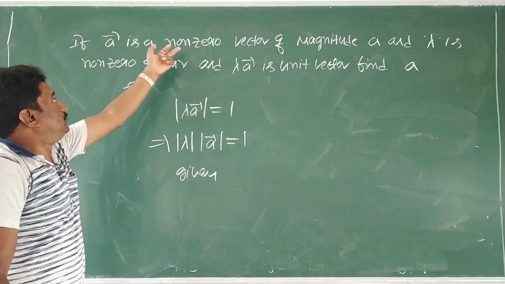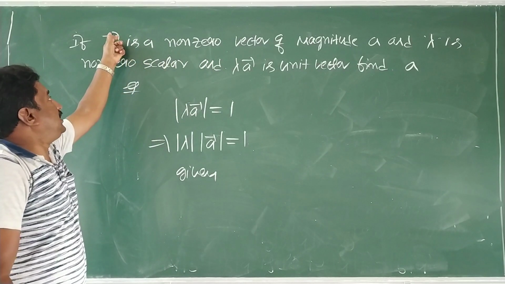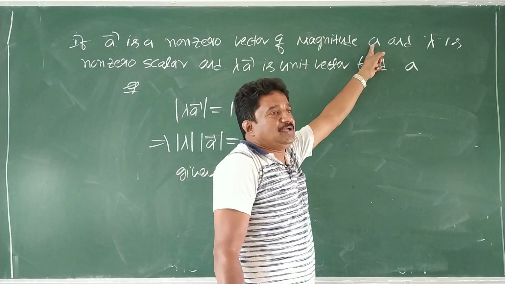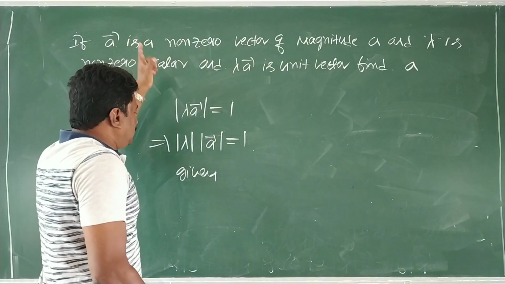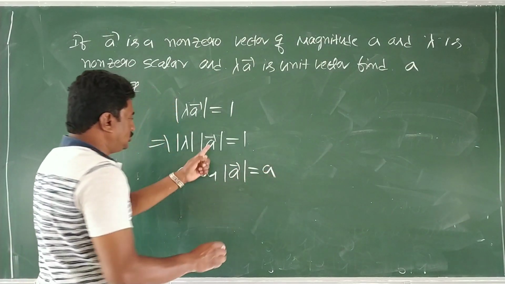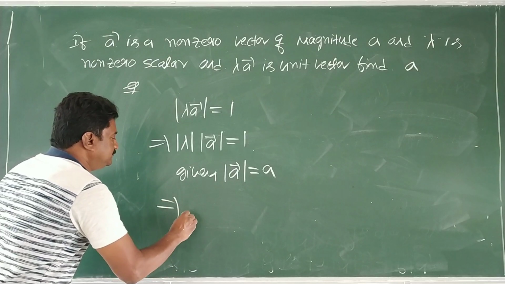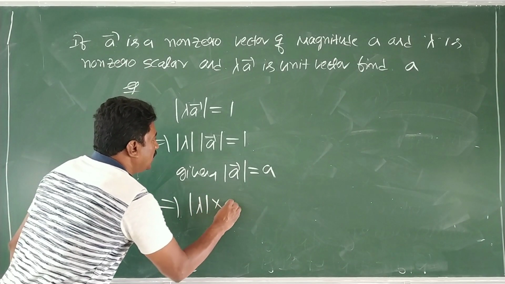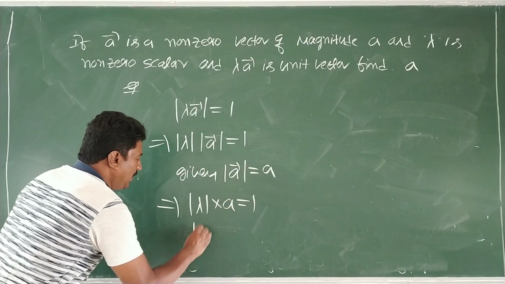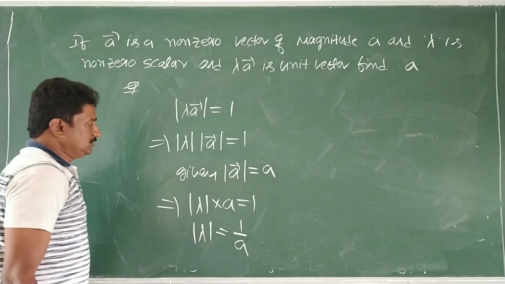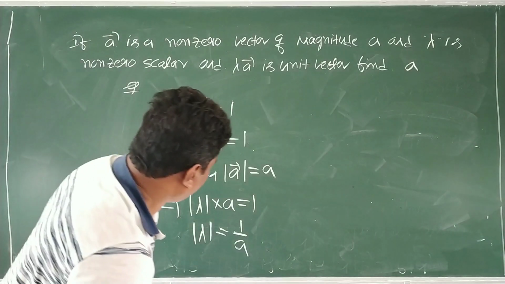It is A. Substituting, the magnitude of lambda into A is equal to 1. Cross multiplying, the magnitude of lambda is 1 by A.